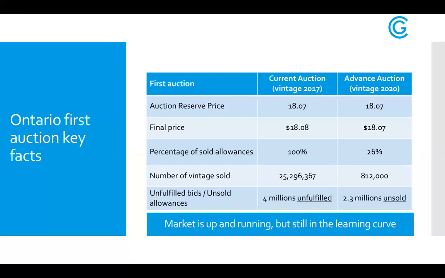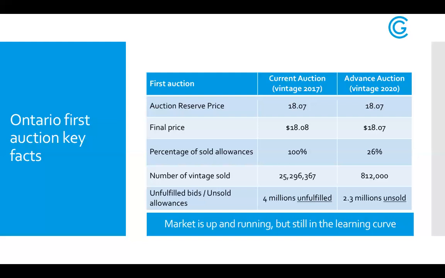Nearly 50 participants had registered to that auction and actively placed bids, which clearly is not the total numbers of participants on the market, but is a significant number. Of the 25 million units of allowances that were placed for 2017, they were all sold, and about 4 million of the bids placed for that vintage were left unfulfilled.